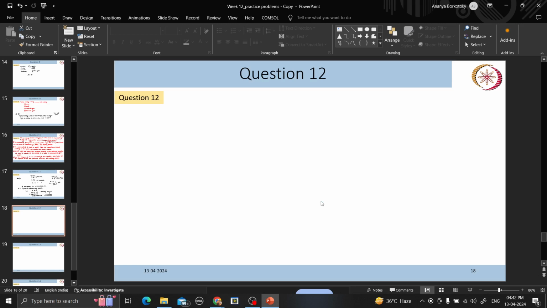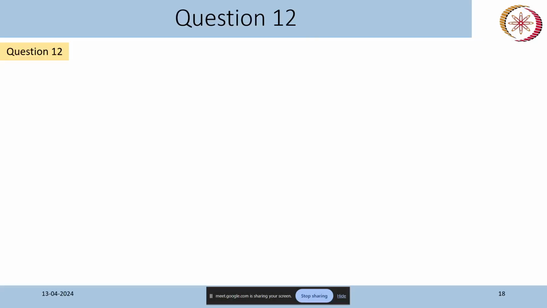Now we have some time, so let me discuss a few more questions. I don't have the exact questions for this, I am just giving you the idea. We have discussed the mobility model, like how the high field and low field mobilities are determined and how those are used in simulations.